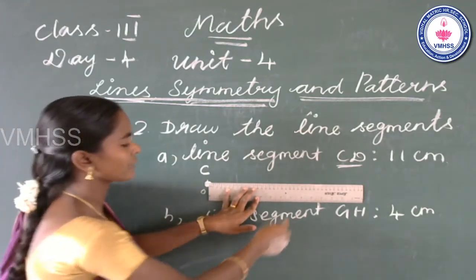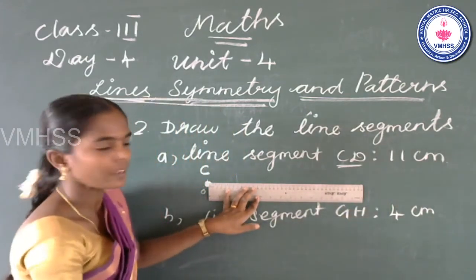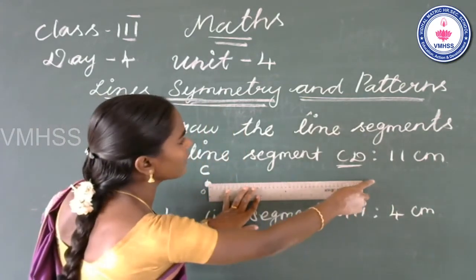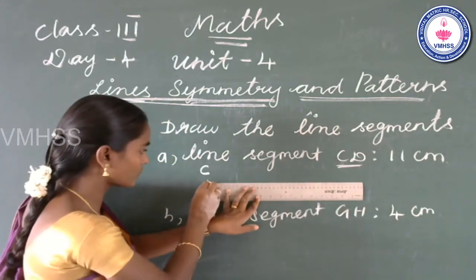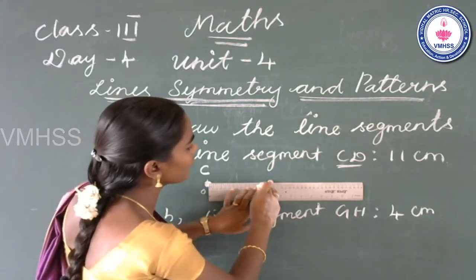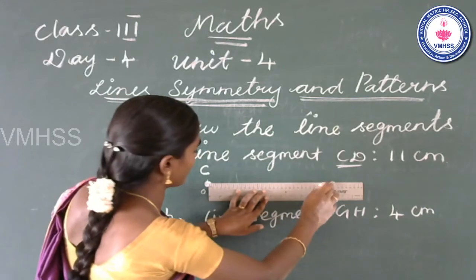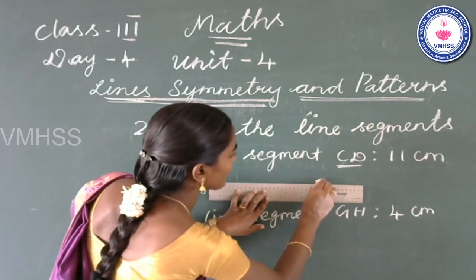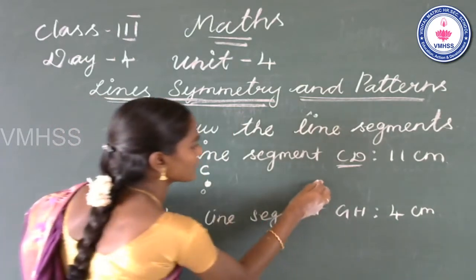Next children, this one is 11 centimeter. So we count 11 centimeter on the ruler. 0 1 2 3 4 5 6 7 8 9 10 11. So 11 centimeter. Children, so this point D.